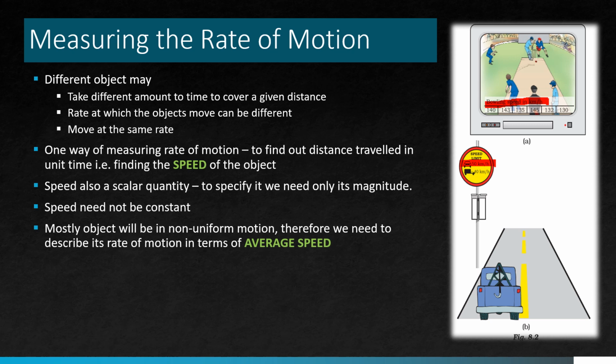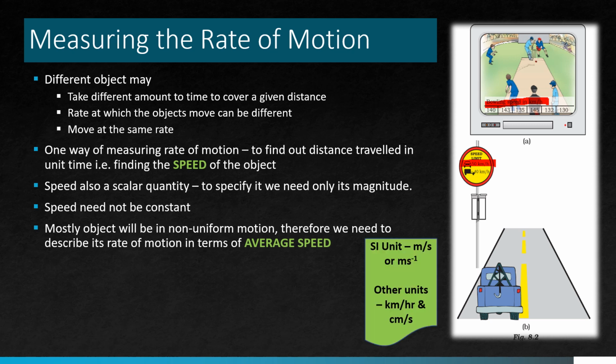You need to find an average. Now you cannot report that the bowler bowls this ball at this speed, then the next ball at this speed. That is not quite practical. So what you do is you find the average speed. Now since mostly all the objects will be in non-uniform motion, there is a need to describe the rate of motion in terms of average speed.